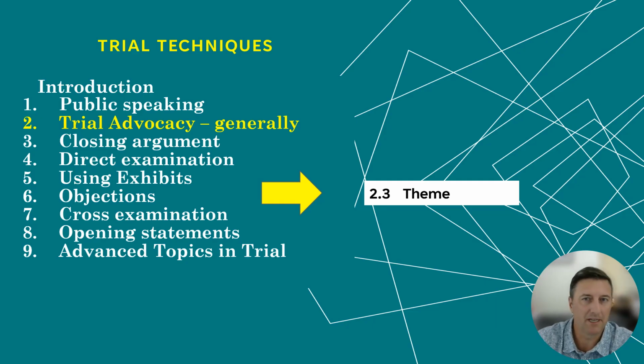They might not remember the name of the defendant. They won't remember the dates of the communications, but they can remember this phrase or this expression that I've used to explain my case. Oh, that's the case, a lure of false hope. Yeah, I remember that. So it's something that can last beyond the details of the case to help explain it.